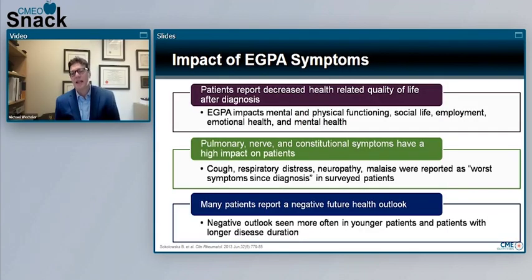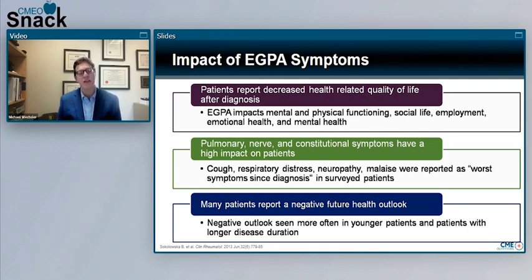Yeah, and I see with many of my patients with EGPA and with other diseases how these symptoms really affect your daily life and how disruptive they can be. And people don't even recognize the impact that the disease is having, not just on their physical health, but also on their mental health, their physical functioning, their social life, their interaction with families, with friends, and also how it can affect women.